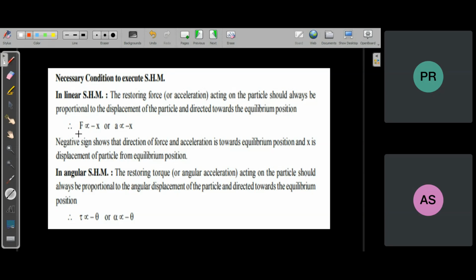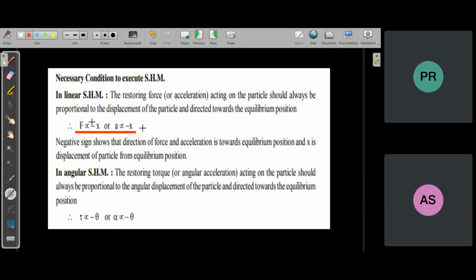So if displacement from mean position is in the right direction, then the force direction will be in the left direction, opposite. Also, you can understand that force is always directed towards the mean position. At any instant of time, the restoring force acting on the particle is always directed towards the mean position.